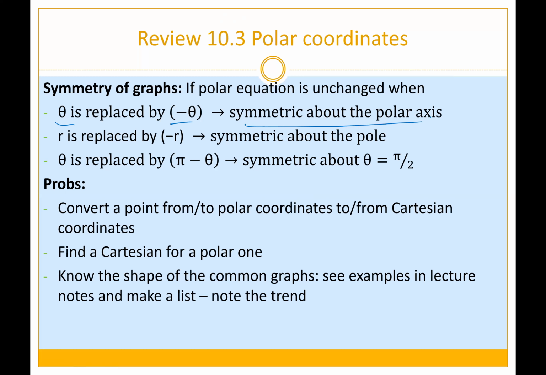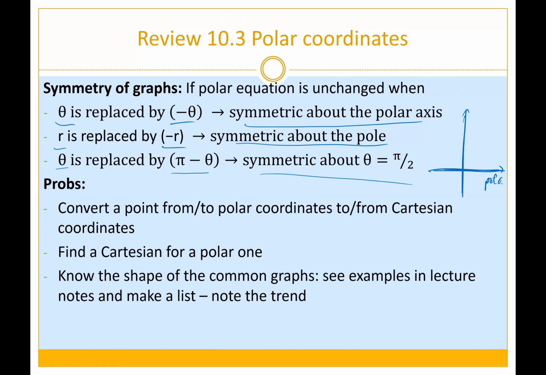If it's unchanged by replacing r with negative r, it's symmetric about the pole. And if it's unchanged when you replace theta with pi minus theta, it's symmetric about the line theta equals pi over 2. This is the polar axis.